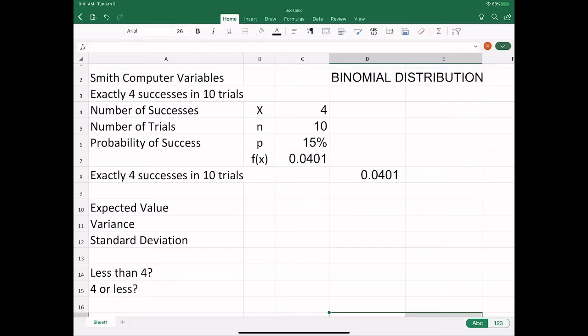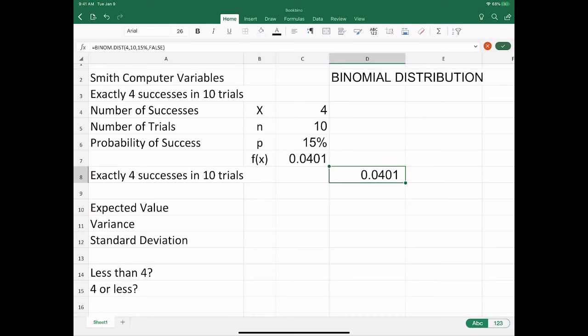Okay, so now we're back in our Excel sheet, looking at what we've done so far. When we asked about exactly 4 successes in 10 trials, we came up with the number 0.0401.